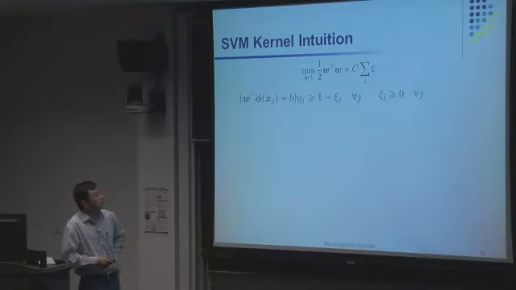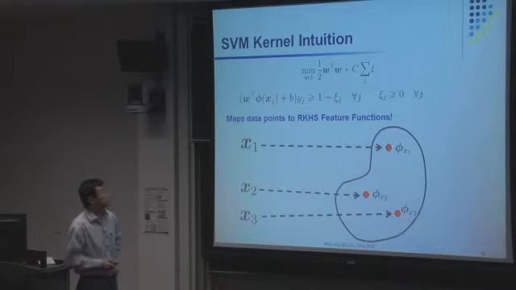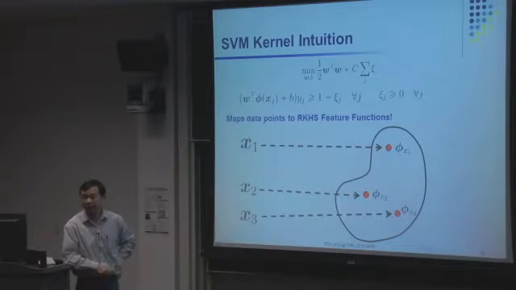And because of that, now you can see this nice intuition under the SVM kernel. Every point in your original data set now corresponds to a feature function in the RKHS space.